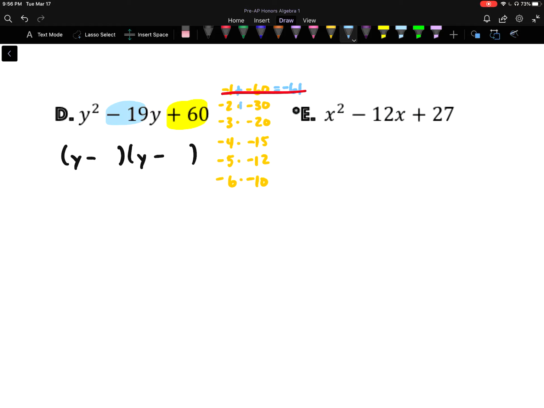Negative 2 plus negative 30 is negative 32, again, not what we're looking for. Negative 3 plus negative 20 is negative 23, not what we're looking for. Negative 4 plus negative 15 is negative 19. This is the one that we want. So y minus 4 times y minus 15.